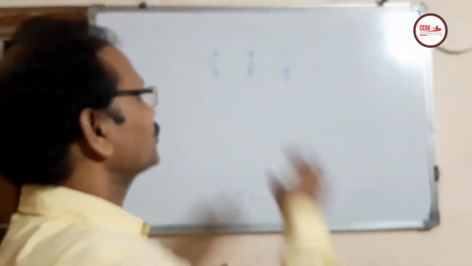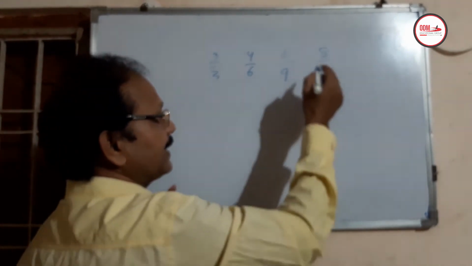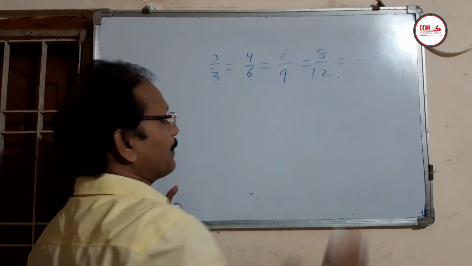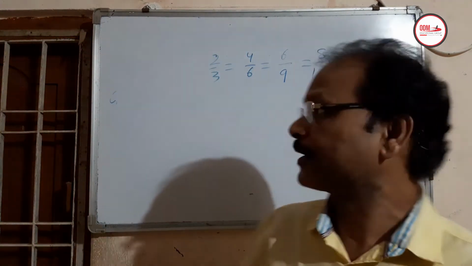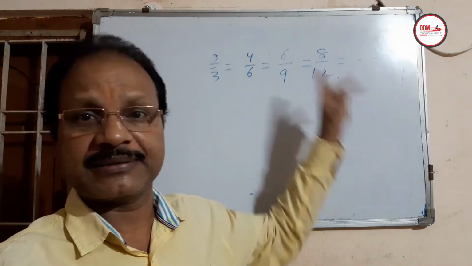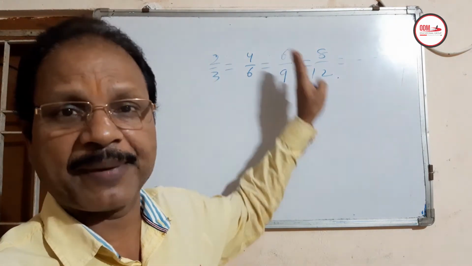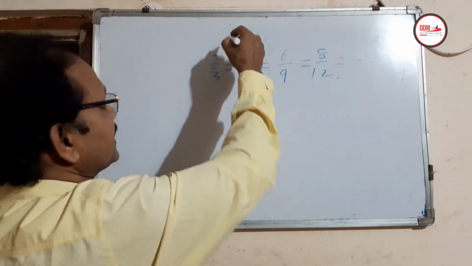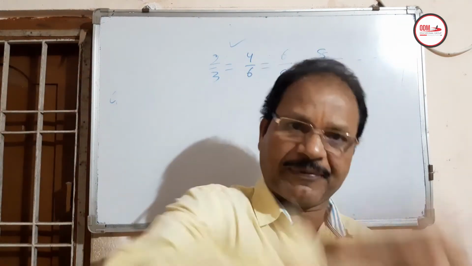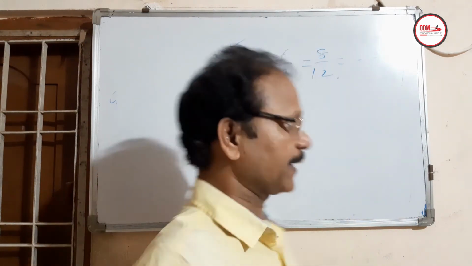When you multiply both by 4, we get 8 by 12, and like this. So all these rational numbers are called equivalent rational numbers of 2 by 3. Their value always remains the same. All equivalent rational numbers of a given rational number are always the same.